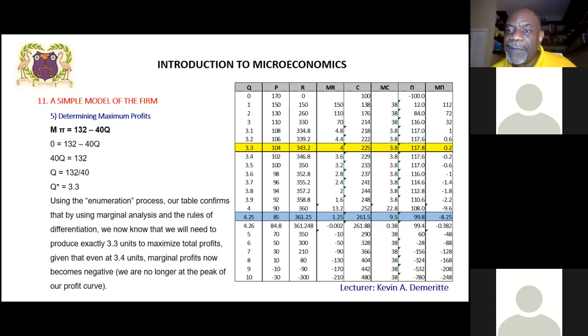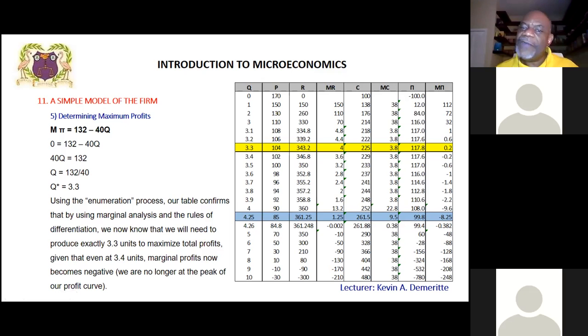And if we go to our table, this is in yellow. I took the liberty of going through all the interim steps from 3 to 4 so we can see what happens. At 3, when we're producing 3 units, we remember we said our marginal profit was positive at $32. At 3.1 units, our marginal profit is still positive. It's only $1, but it's positive.